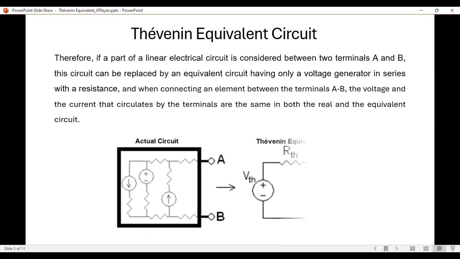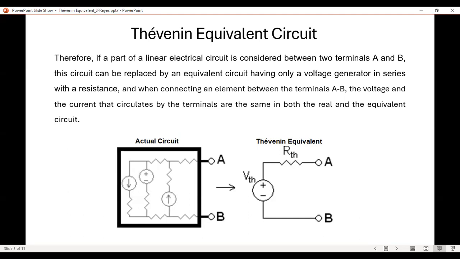As we see in the picture, if we have a complex circuit with voltage and current sources and many electrical components, and if we consider a pair of terminals A, B, then the Thevenin equivalent will have only two parameters, a Thevenin voltage in series with a Thevenin resistance.